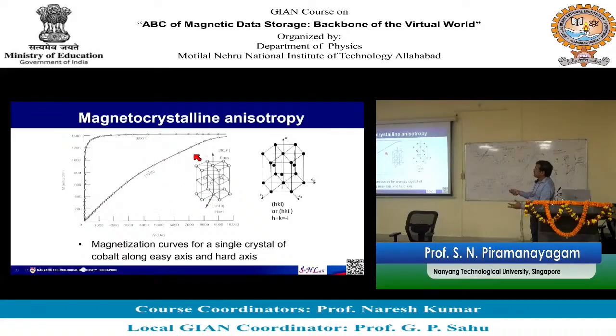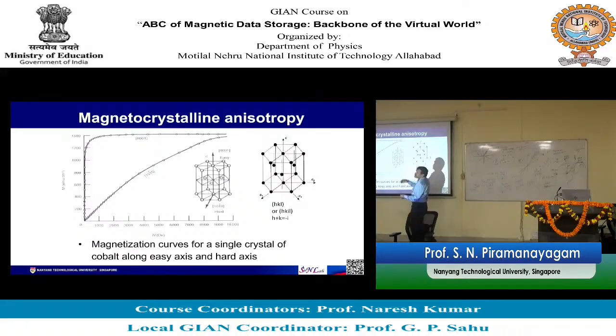If I take a piece of cobalt material and try to magnetize the sample along the 0, 0, 0, 1 direction, which is along the C axis, then I will notice that the magnetization quickly goes up, and very soon the magnetization is saturated. So 0, 0, 0, 1 is the easy direction, because ideally when you do not do anything, all the spins are already in this direction.